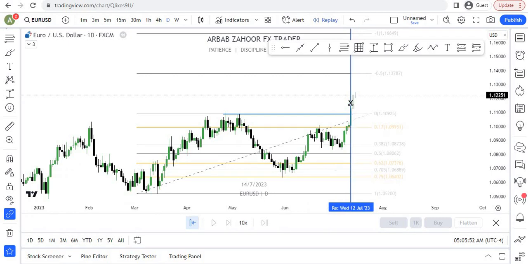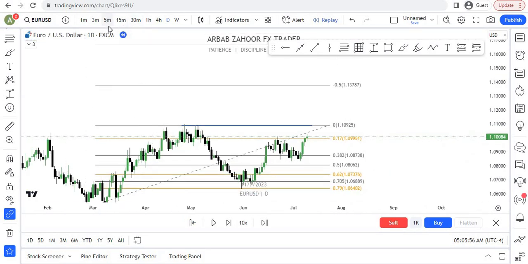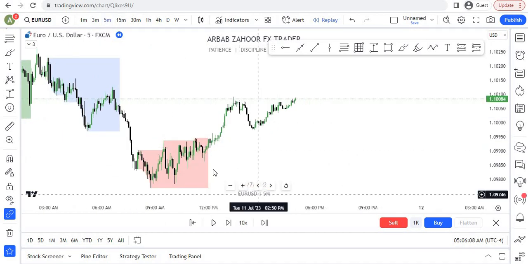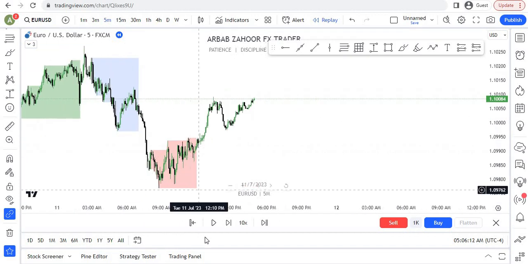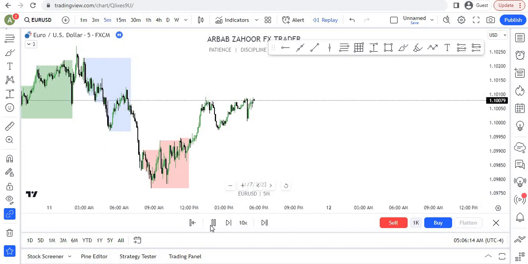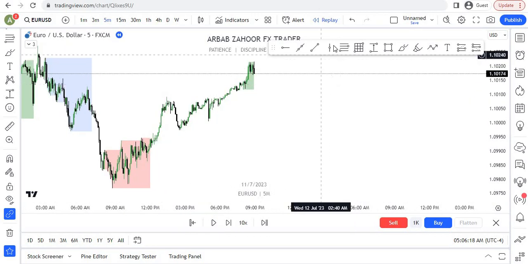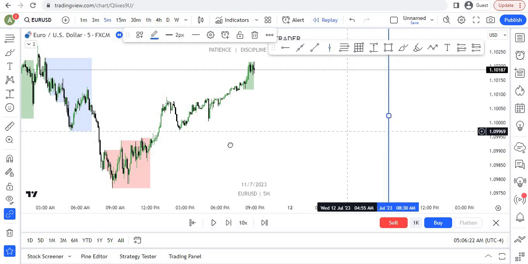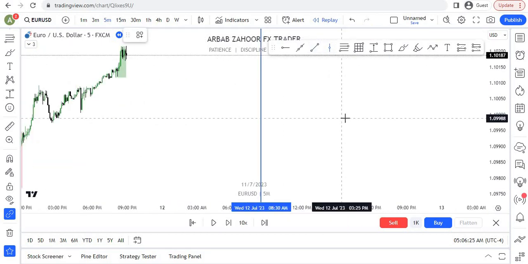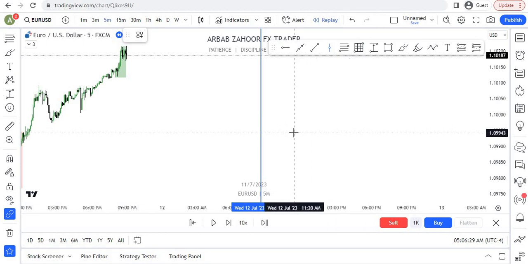We jump into the 5-minute time frame. Remember one point, the most important thing: this only works in the New York session, from 8:30 a.m. until 11 o'clock, or 11:20 we guess.